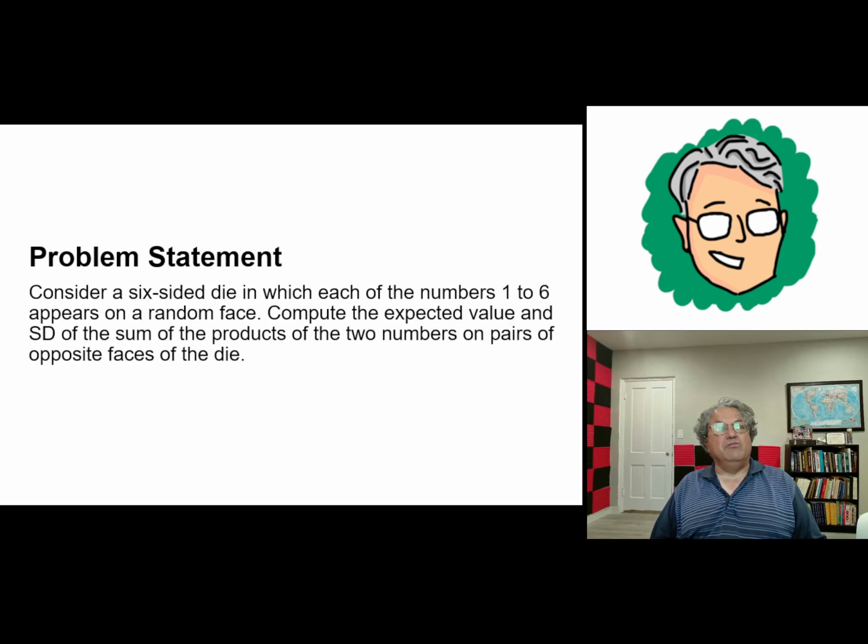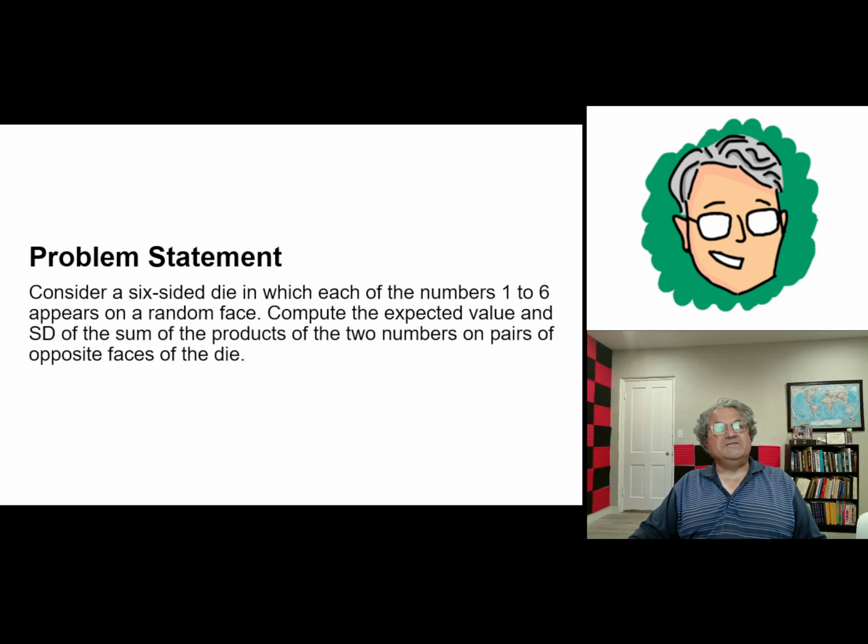So imagine we have one of these six-sided non-standard dice, and that the numbers on the faces are completely random, meaning that they can be in any one of these 15 configurations I just talked about with equal probability for each one.